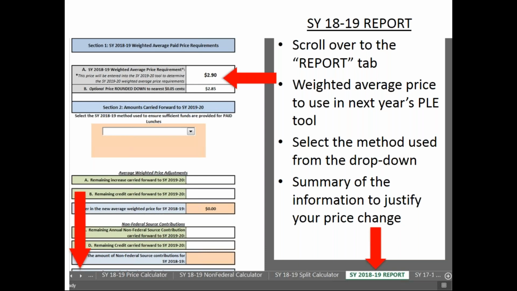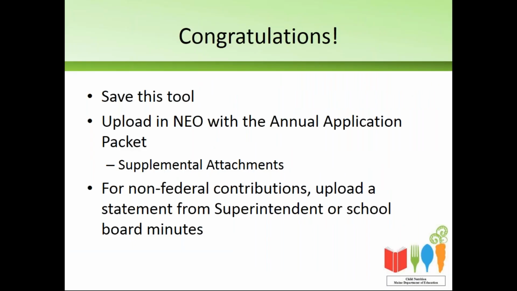In the drop-down box, you're going to select the method used to ensure sufficient funds are provided to paid lunches. You'll either select increased prices or use non-federal funds from this drop-down box. Congratulations! You've successfully completed the FY19 Paid Lunch Equity tool.